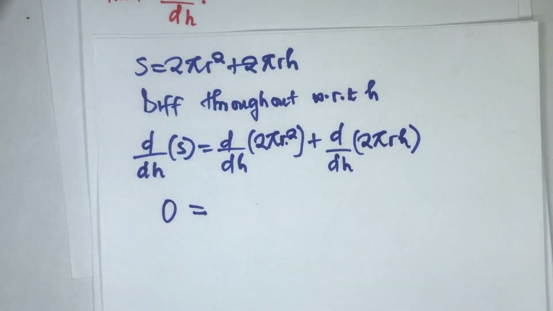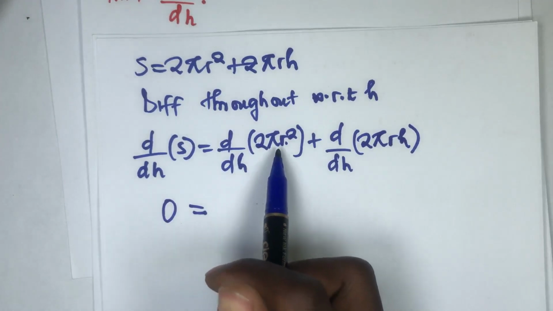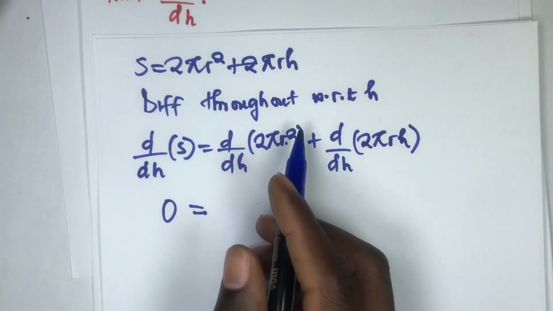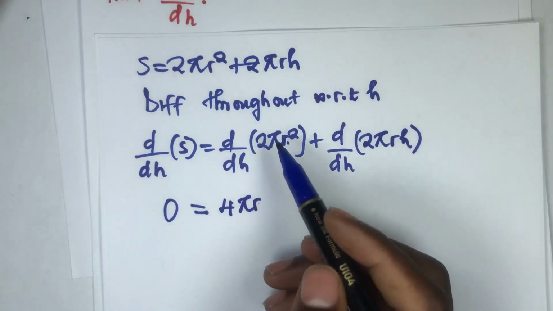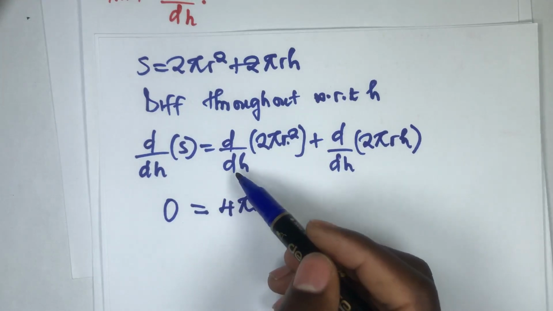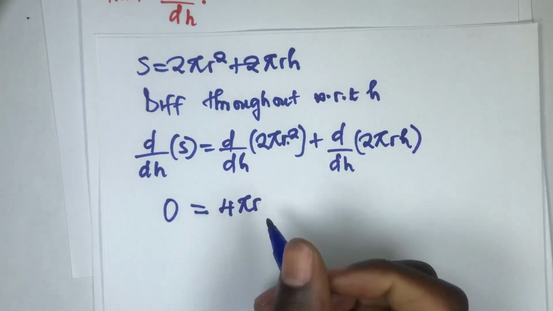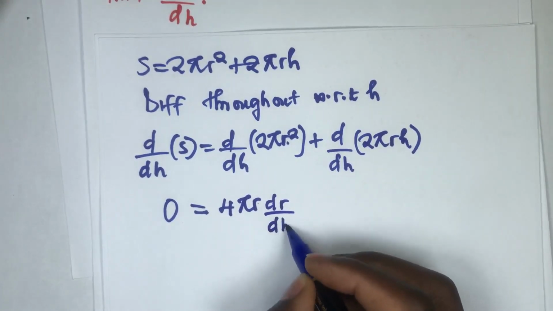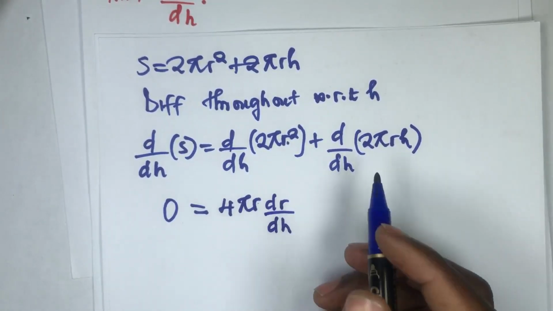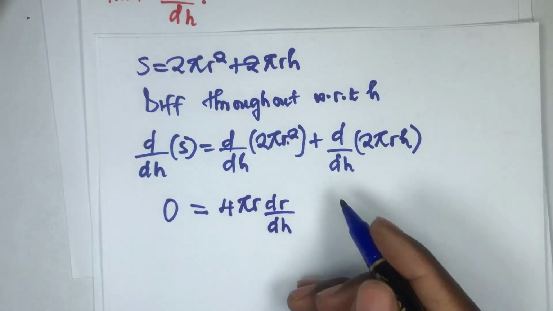So we differentiate the normal way and get 4 pi r. Since this r is being differentiated with respect to a different variable h, we introduce dr/dh. This method of differentiation is what we call implicit differentiation.